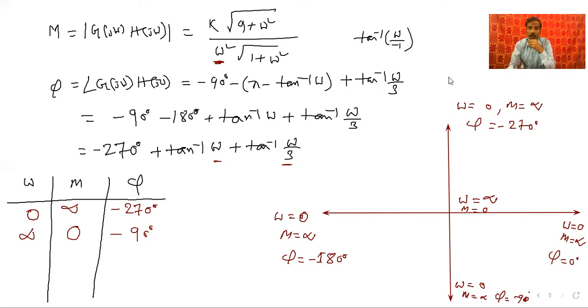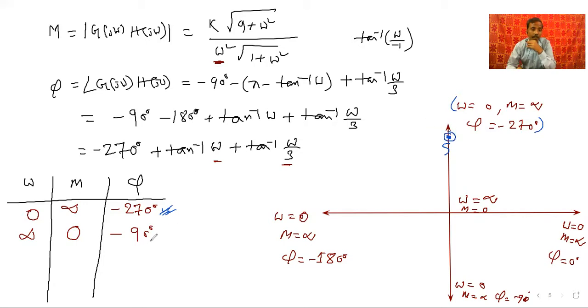First, draw the polar plot. What is the starting point? Omega 0, M infinity, and angle minus 270 degree. This is the angle 270 degree. Just break here, and this point is omega 0, M infinity, and phase angle minus 270 degree.